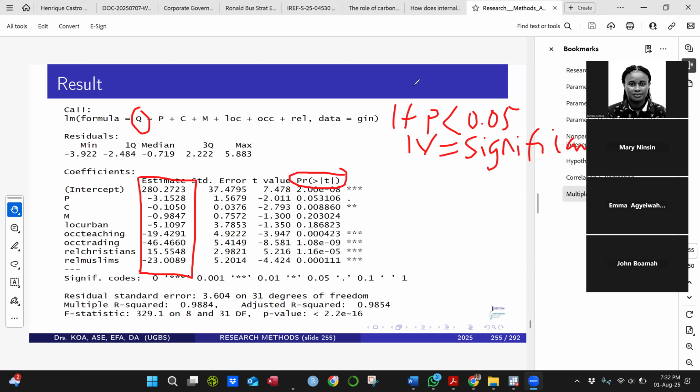Correct. Occupation trading. Is it significant or insignificant? Barbara. It's significant, because the p-value of occupation trading, which is 1.08 times 10 to the exponent -9, is less than 5%. So it means that the estimate of occupation trading is significant.